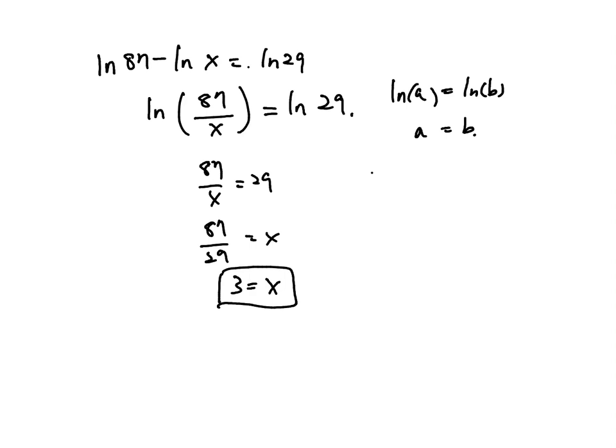All right, and once you get 3, we can plug in and double check, and the natural log of 3 is okay. So I think everything should be fine. Okay. So that was solving a bunch of log equations.